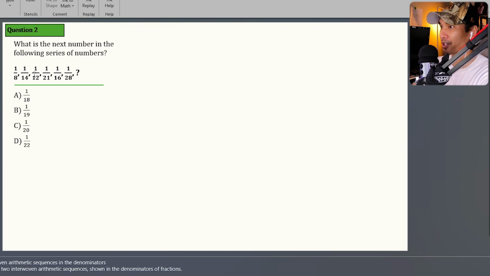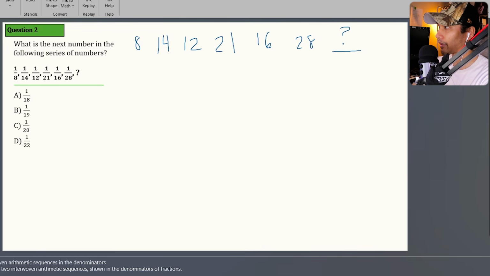I would focus on the numbers below. So I'm not even going to write the fractions above, the 1 and the numerator. I'm just going to write 8, 14, 12, 21, 16, 28. Okay, and we want to find this term over here. I'll put a question mark right there.